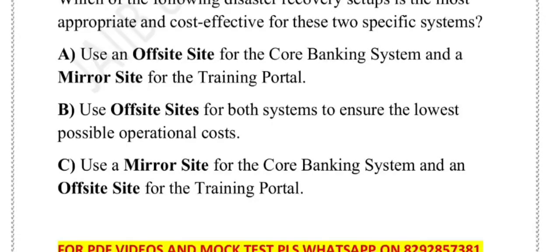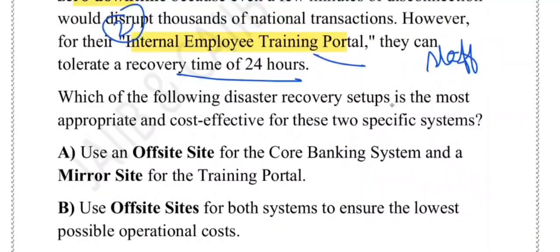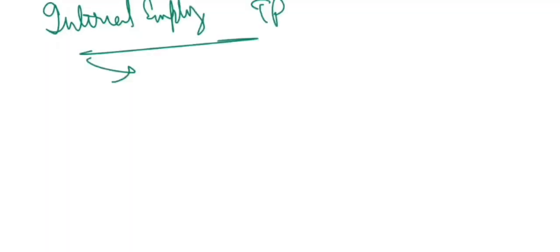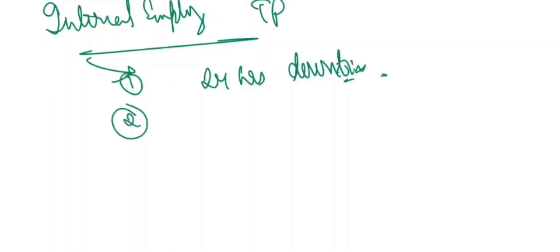Very good question. If you look at this internal employee training portal, what is the peculiarity? Let me write it down. They can tolerate up to 24-hour downtime, they have the capacity to tolerate it. Second, it is clearly a non-critical system.